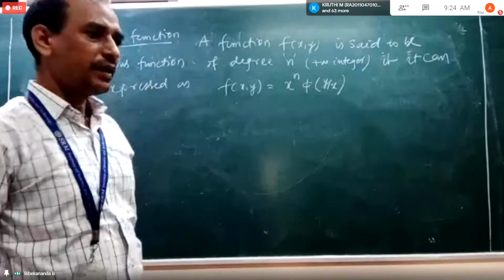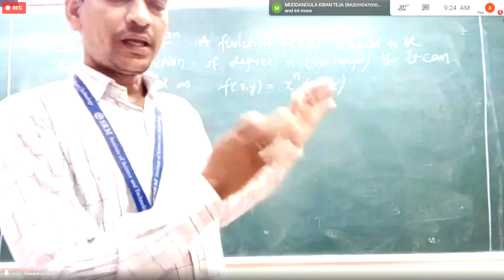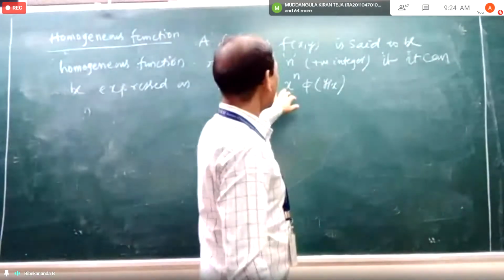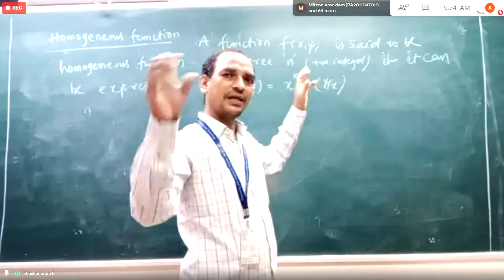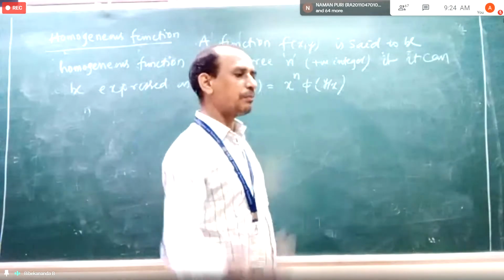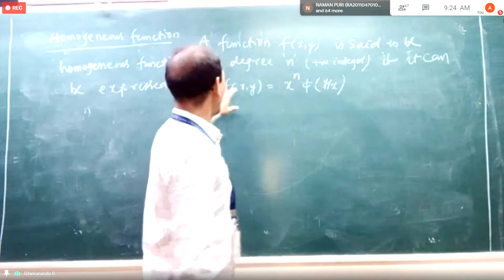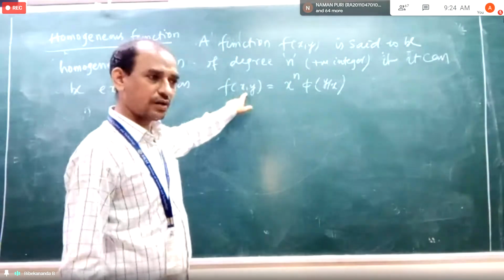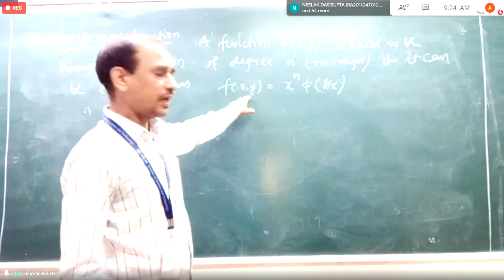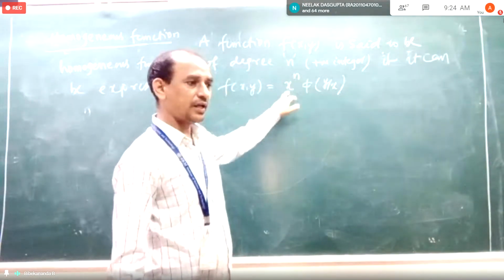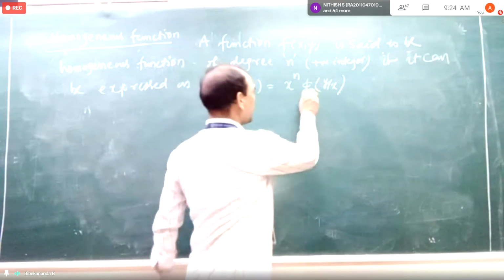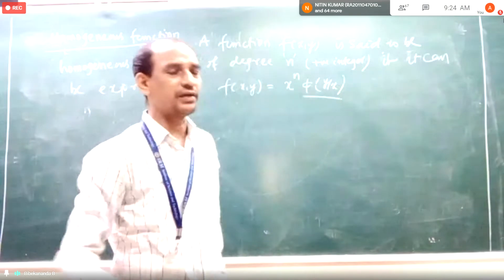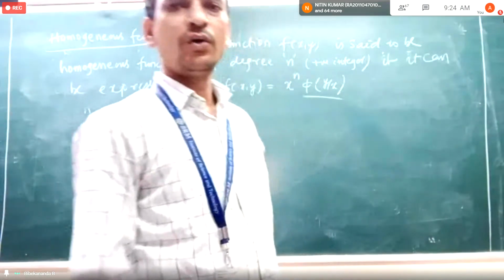We can take x common, and after taking x common, we will get a function of y by x, like a single variable, some p, q, anything. So if we take x common from this function, we should get a uniform degree x to the power n for both x and y. And the remaining function should be a function of y by x.